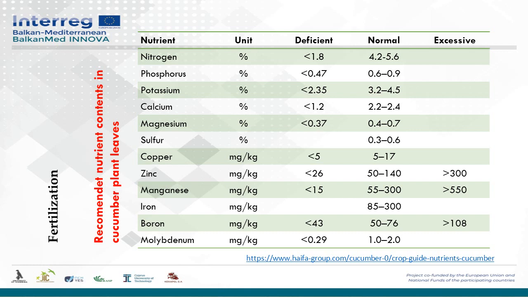And practically in this table here you can find what are the normal concentrations of nitrogen, phosphorus, potassium and so on, expressed as percentage in dry matter of cucumber plants.